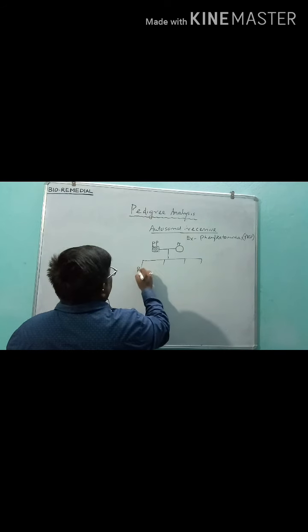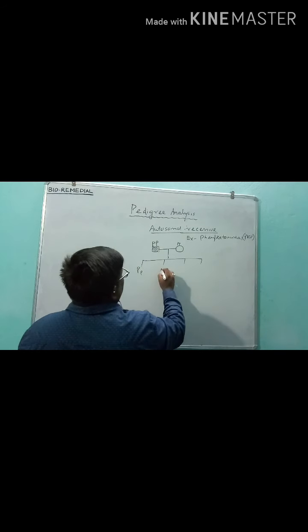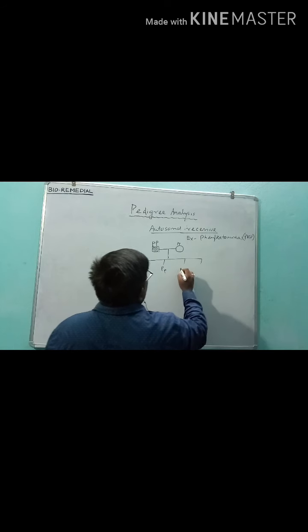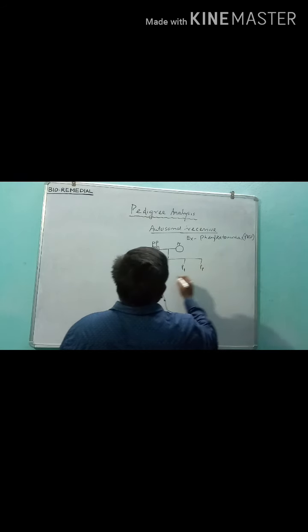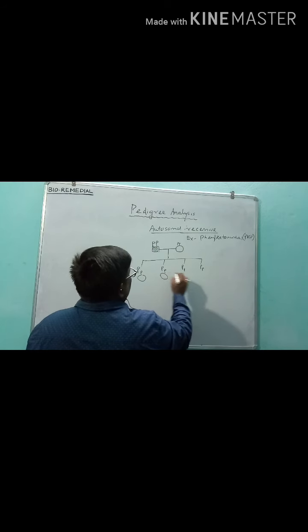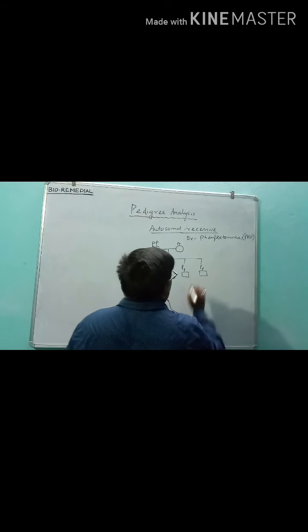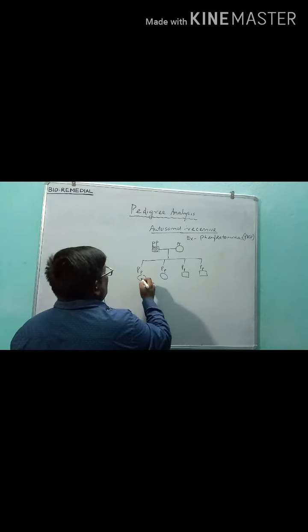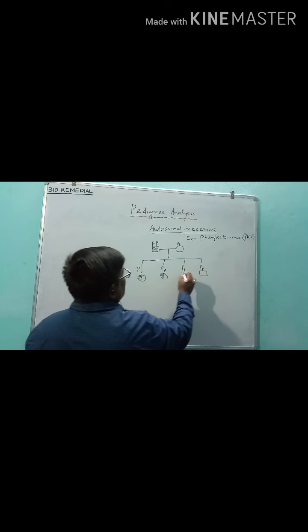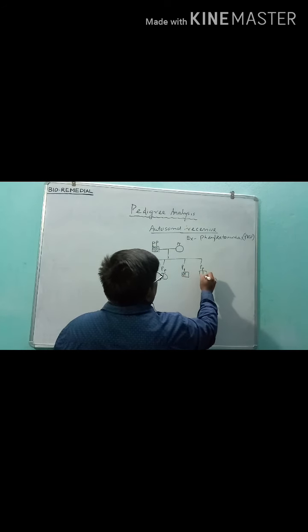Capital P with small p, capital P with small p. Similarly, capital P with small p, capital P with small p. Whatever sex ratio you make, all of them will be carriers of the disorder.